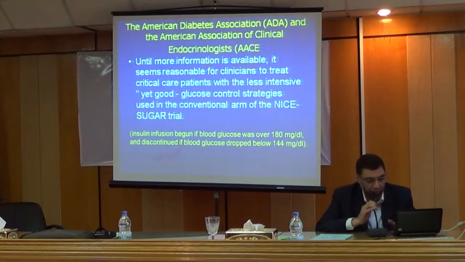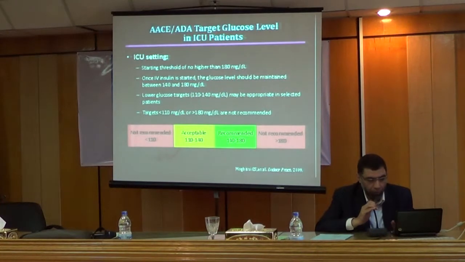Insulin infusion began if blood glucose was over 180 milligram per deciliter and discontinued if blood glucose dropped below 144. So these are the latest recommendations. Blood glucose less than 110 milligram is not recommended.